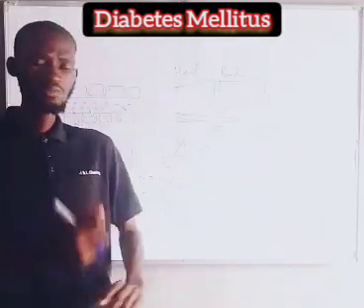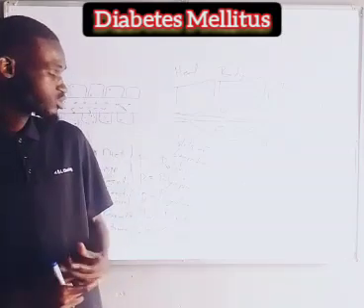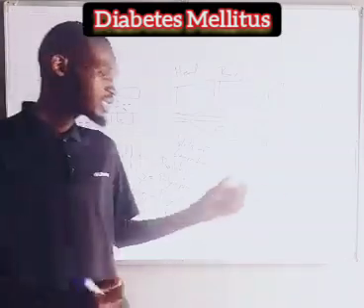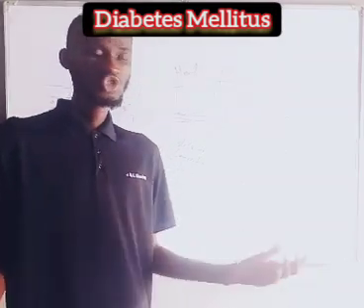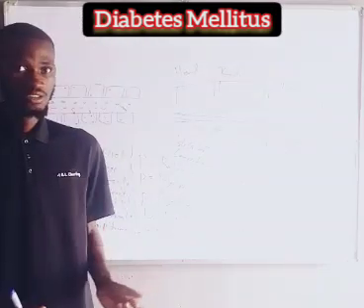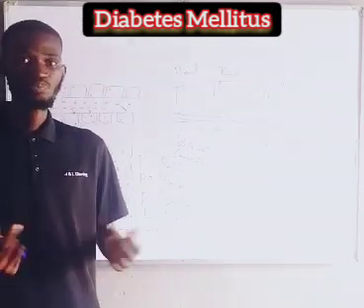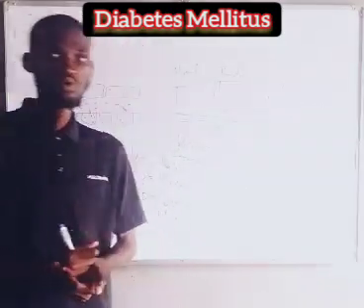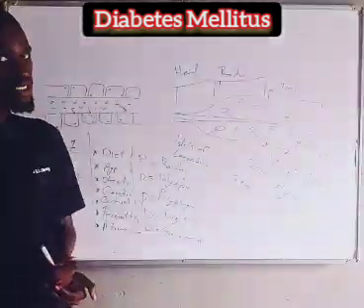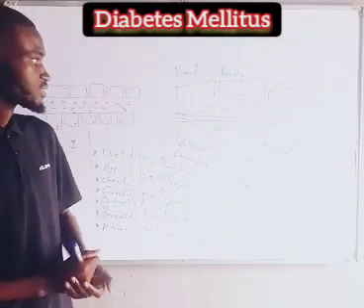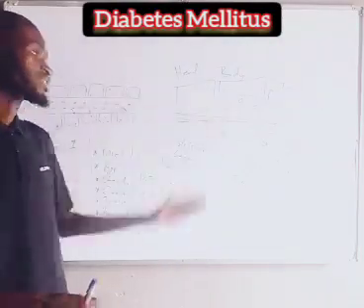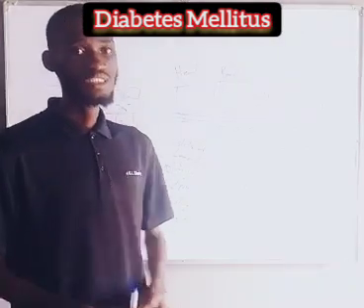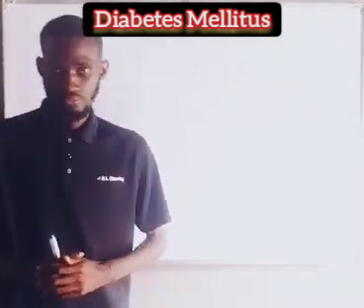So we can either give long-acting, short-acting, or immediate-acting insulin, depending on how the patient responds and how high the sugar levels are. We can also manage this type by giving fluids such as normal saline.